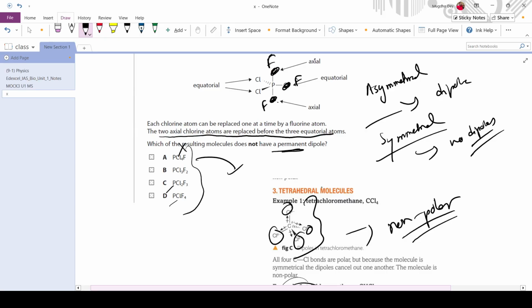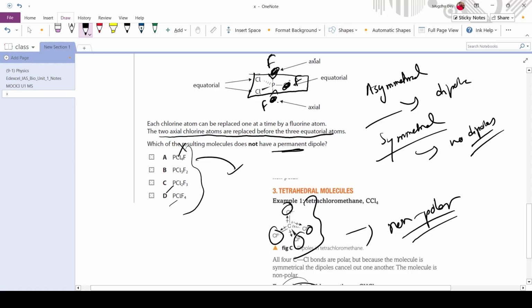Let's say this one. Maybe these two, the axial position fluorines, might cancel out their polarities, but check this out, these won't. You can clearly see the bonds present in the equatorial plane are not symmetrical. There are two chlorines and one fluorine.